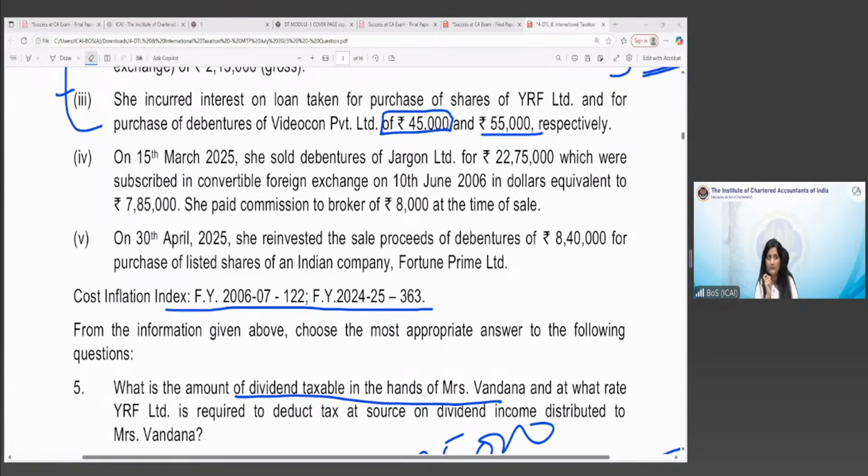There are specific provisions contained in chapter 12A that reinvestment in the specified assets is eligible; you can claim the deduction in respect of reinvestments done within 6 months. Proportional exemptions are available. You please recall it.